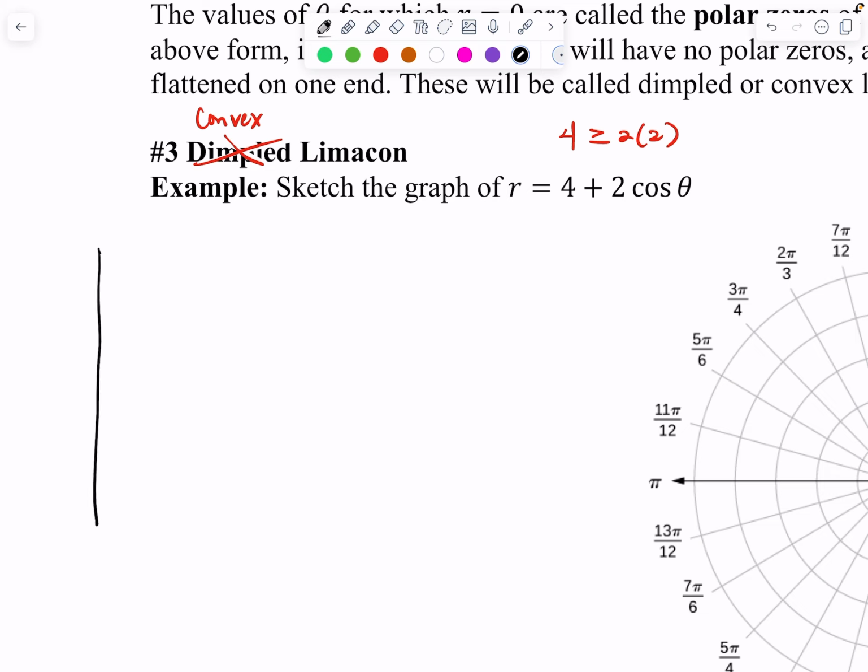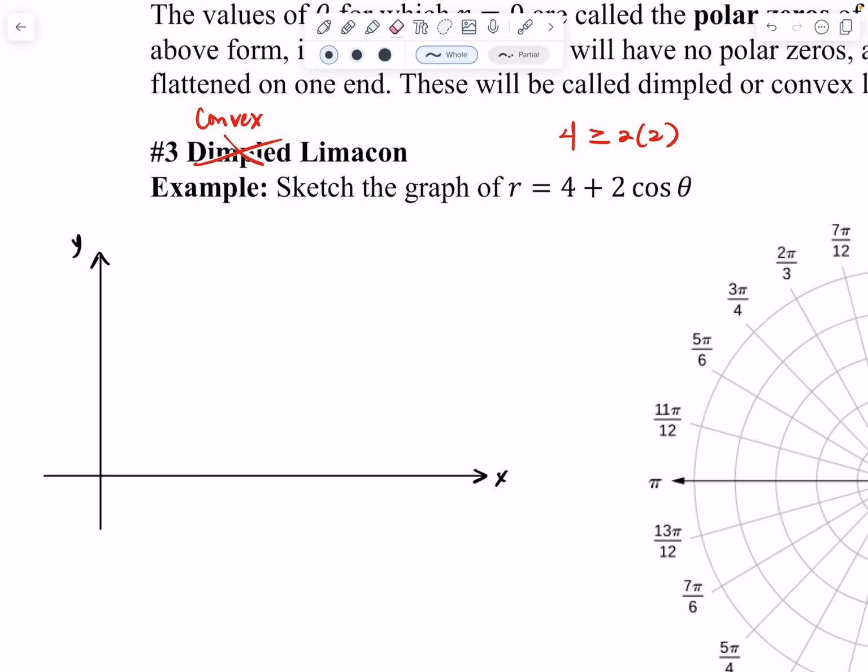Let's think about graphing y equals 4 plus 2 cosine of x in the xy plane. So the vertical shift is 4, but the amplitude of the sinusoidal waves is 2. So 2, 4, 6.